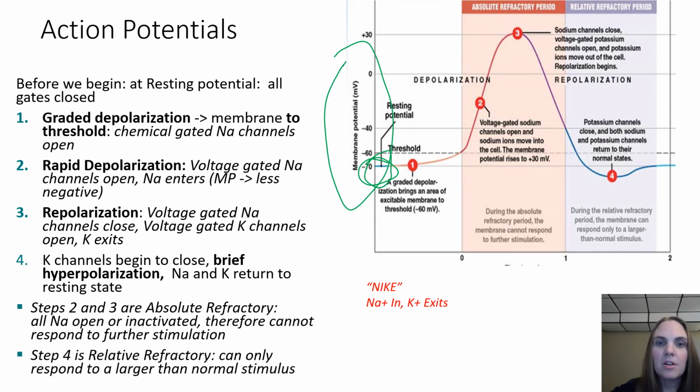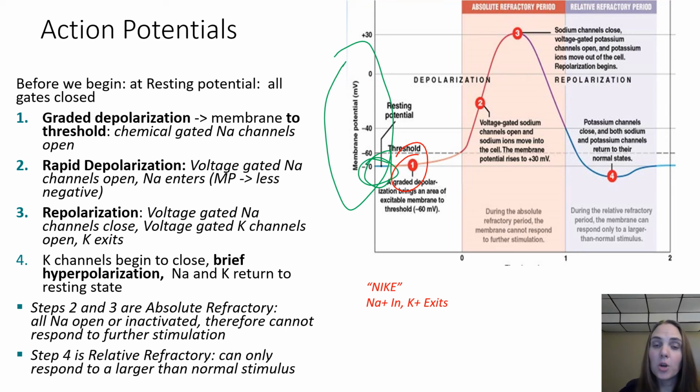At step 1 here, we get that graded depolarization. So that graded depolarization is going to be a result of that chemically gated sodium channel binding a ligand and opening, allowing positive sodium to flow into the cell.